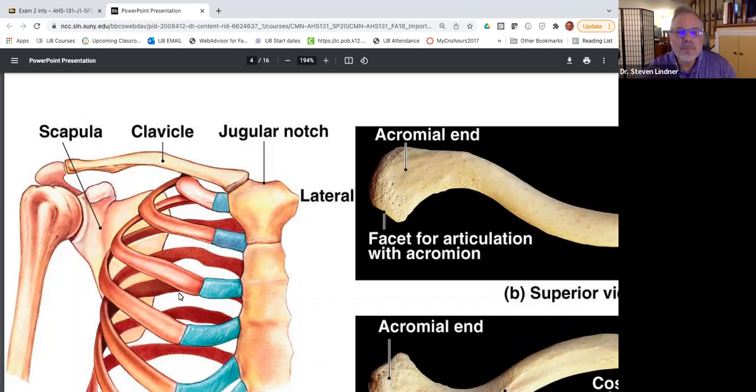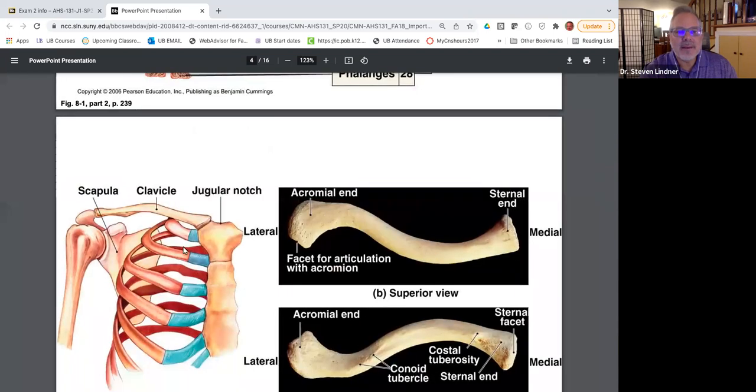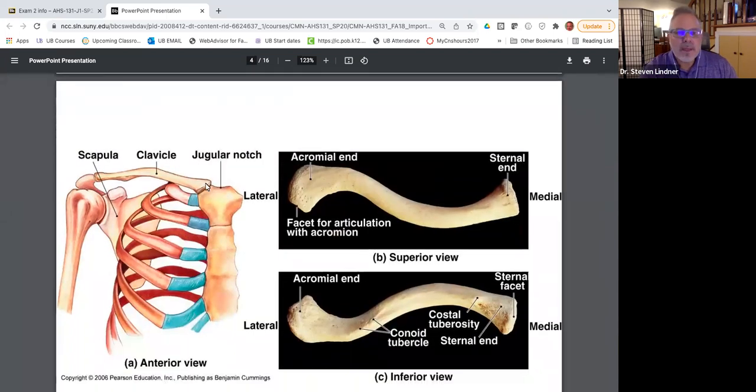Okay. When we look at the clavicle, it has these two ends to it. It has an acromion end, and then it has a sternal end. And that's why when you look here, you see there's an acromial end, which is a little broader and flatter. And then it has the medial side, which is here, that articulates with the sternum. So they call it the sternal end.